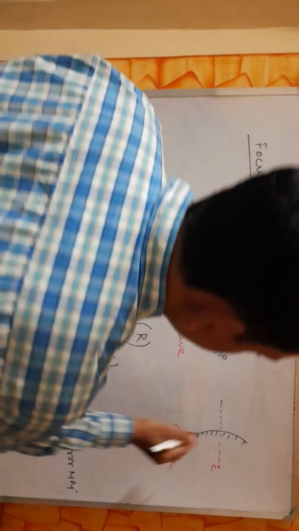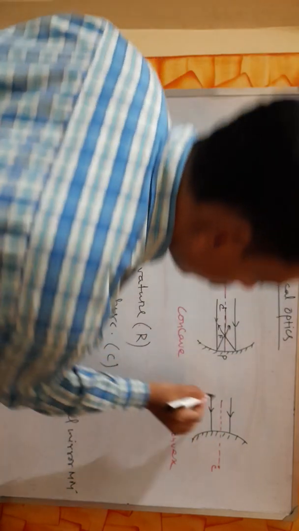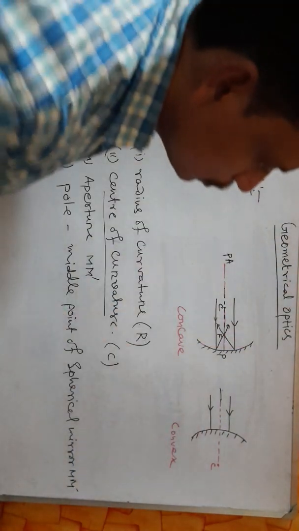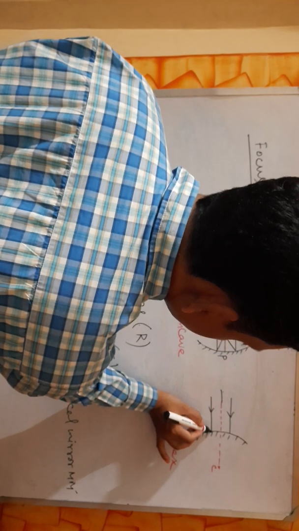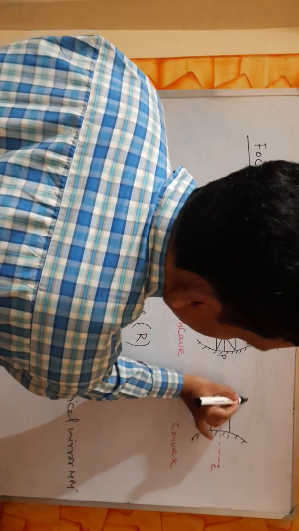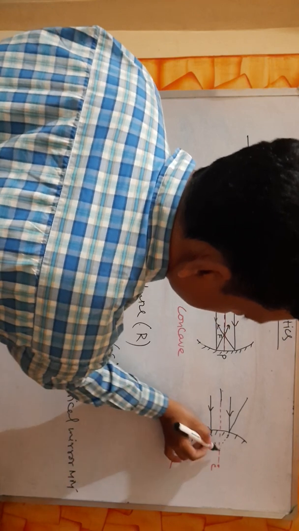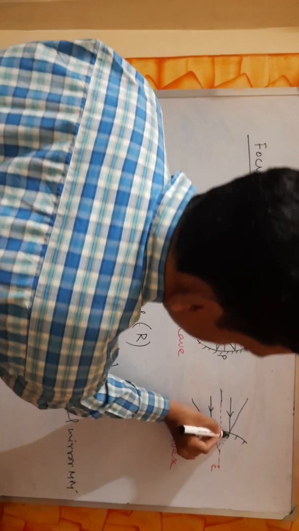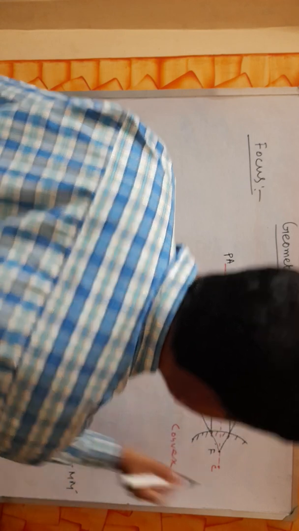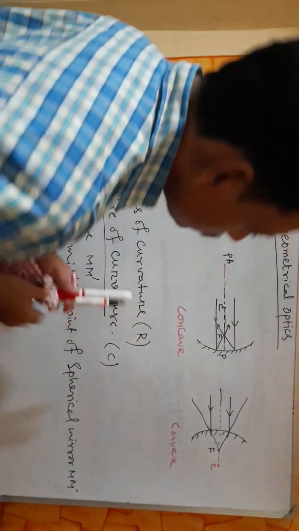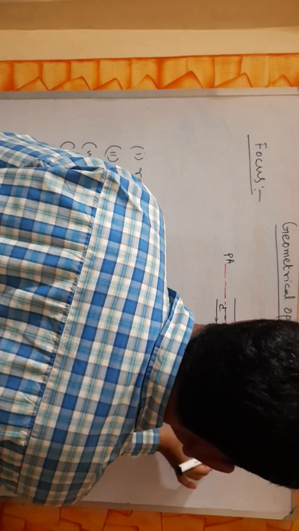The parallel ray hits the surface, and the reflected ray diverges from the point of incidence, and when traced back meets the principal axis at the point called the focus.